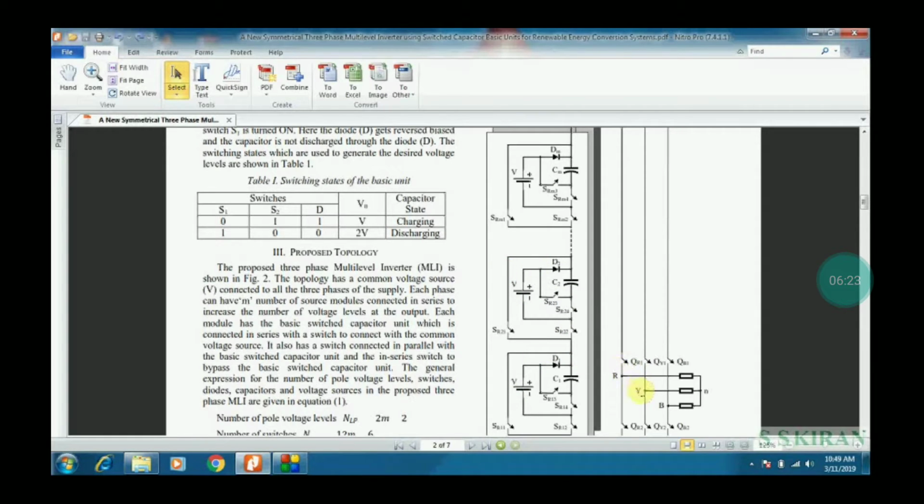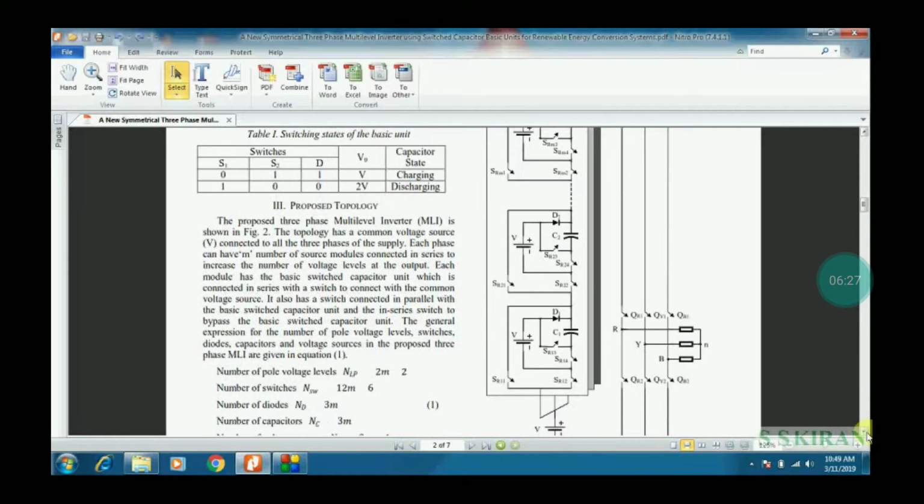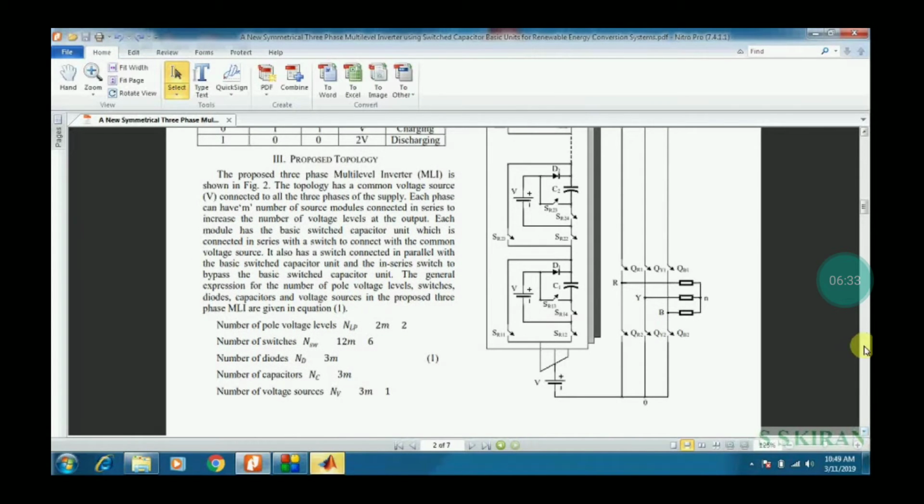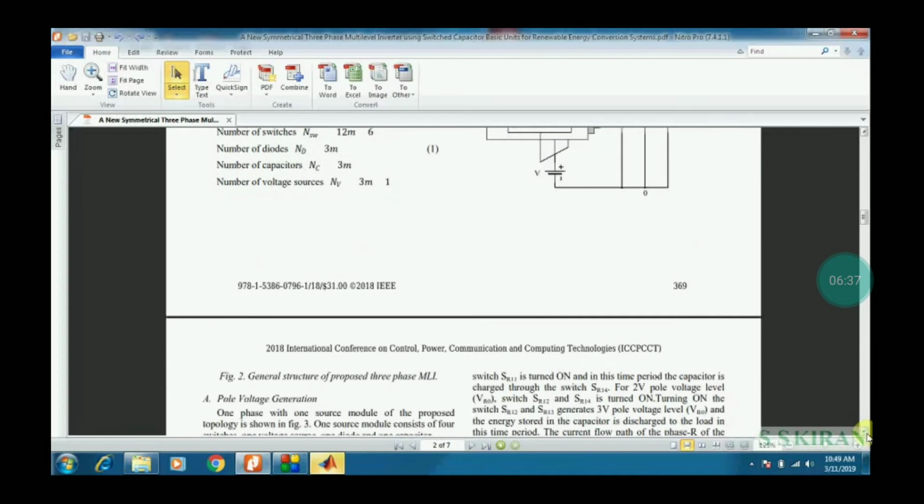This is the complete circuit diagram representation of the proposed multi-level inverter using the switched capacitor. That is called the general structure of the proposed three-phase MLI.